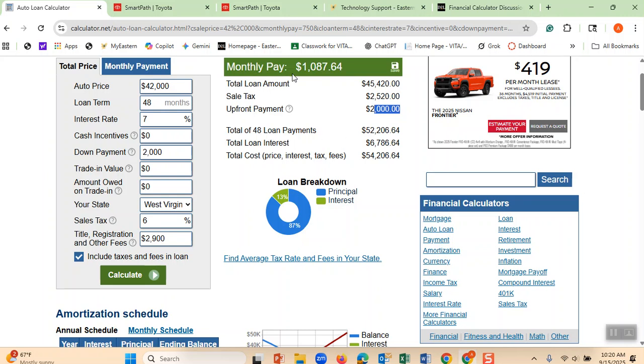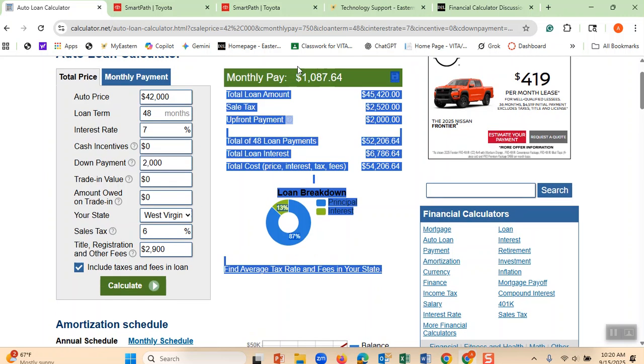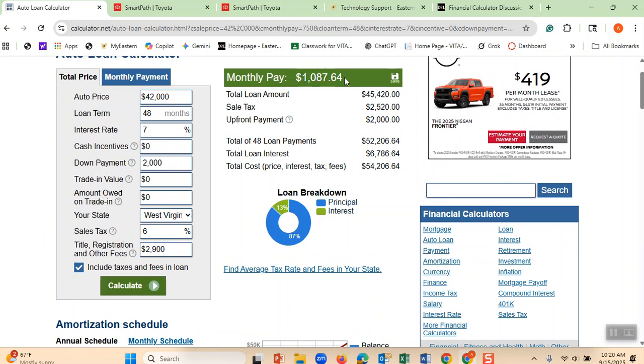Therefore, in this case, your payment, do you see, it's not 700 anymore. It is 1,087, because the bank is going to pay the title fee and all the registrations and all those things. And then in this case, you will be paying $2,000 of payments, and you will be paying interest, and the total cost to you will be $54,000.